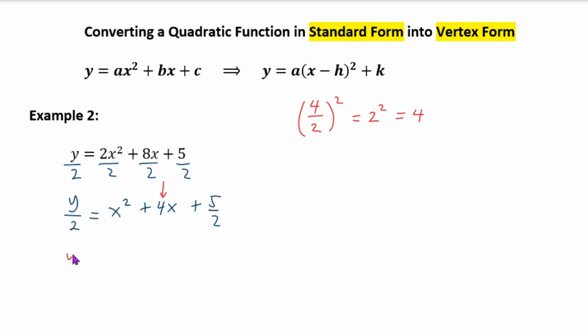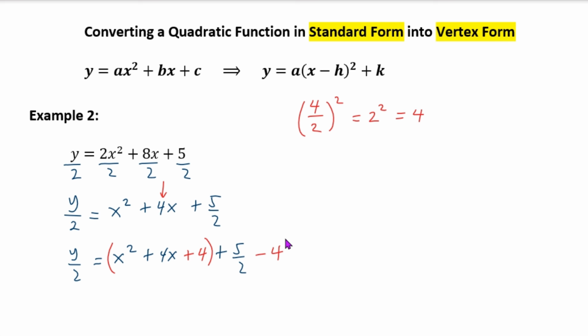So we have y over 2 equals x squared plus 4x plus 4. Again, I will write 4 following 4x. So plus 4 and then plus 5 over 2 and then minus 4.